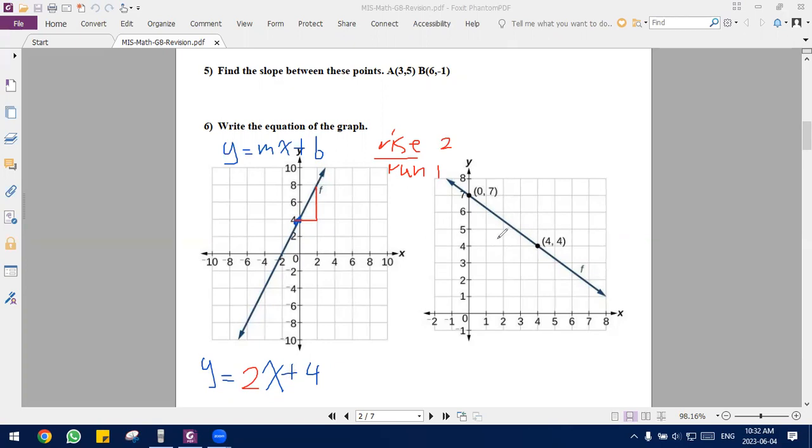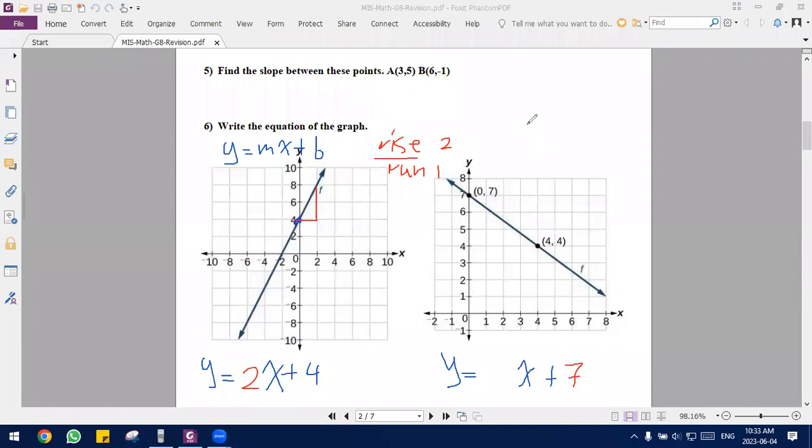Now for the second graph, again the equation y equal to mx plus b. So this is y, x. Now let me find the value of b. The value of b is where I cross the y-axis, so it's 7. Now again, you can either do y2 minus y1, or you can just find it from the graph. For this one, let's find it from the points, since we have them.